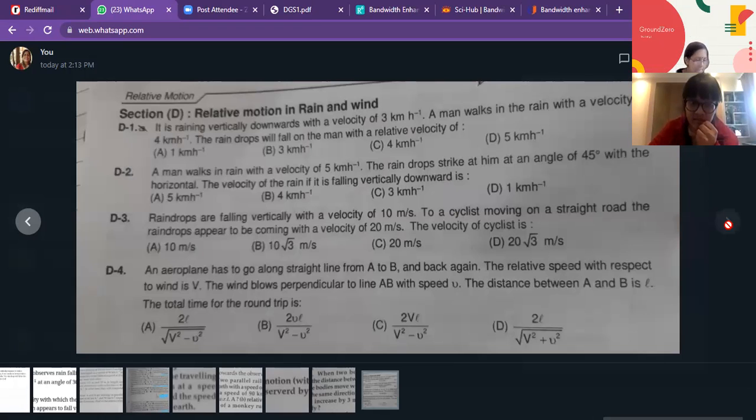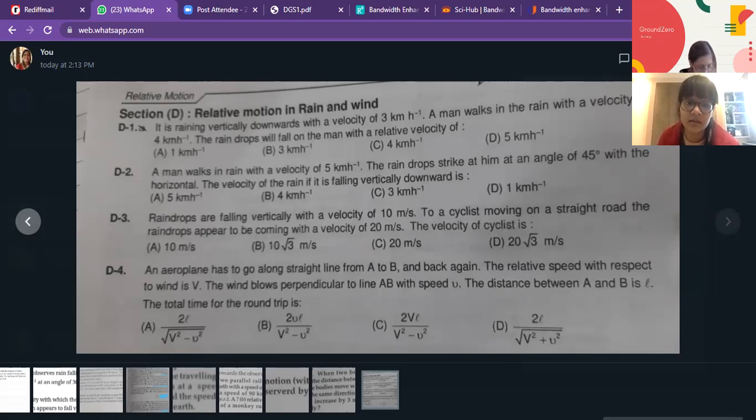Second one. Five kilometer per hour. Yeah, that is option A, right?